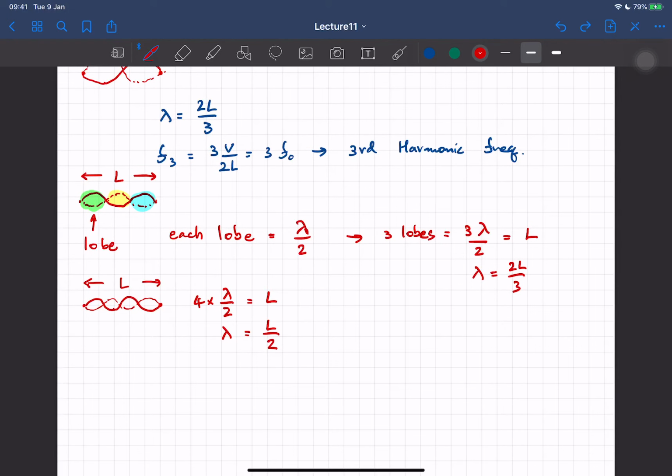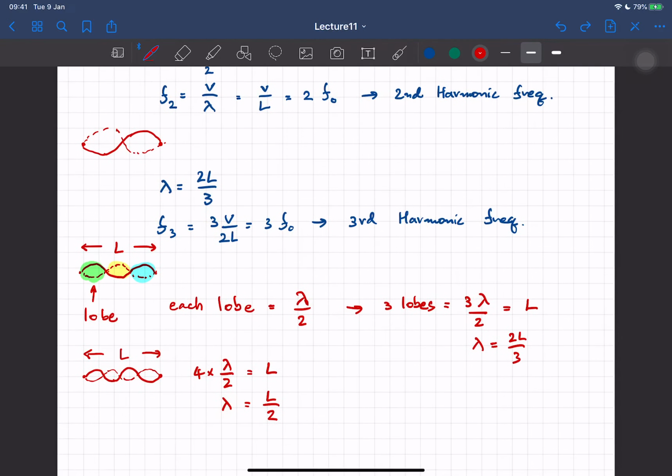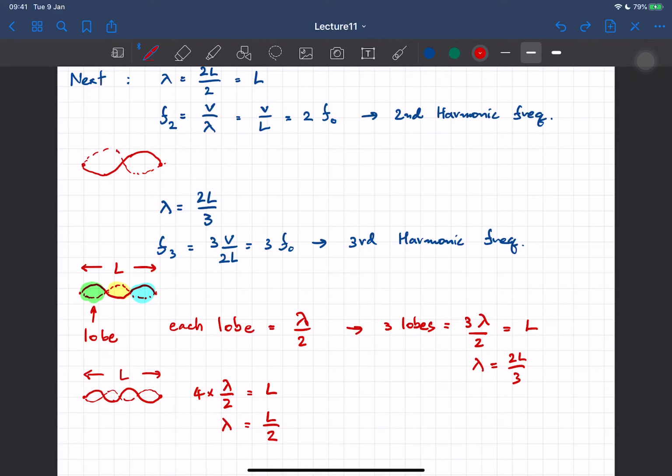Alright, so this gives you a series of harmonic frequencies, which are always multiples of the fundamental frequency, right? This fact can be quite useful.